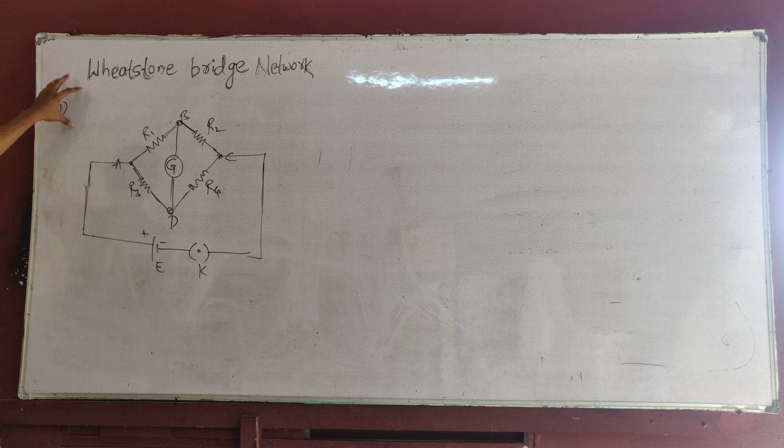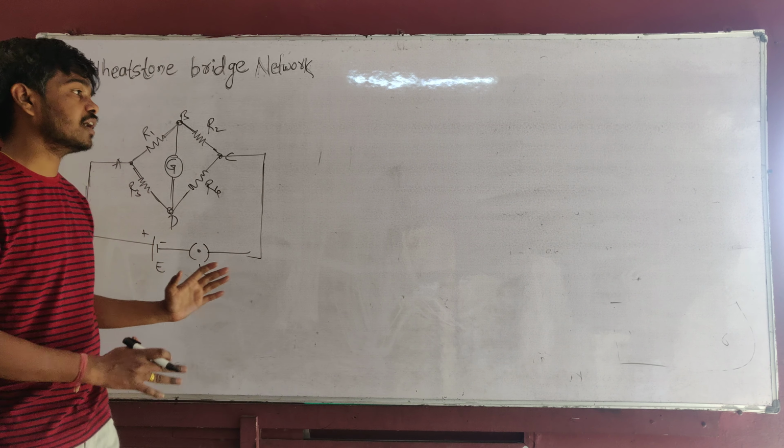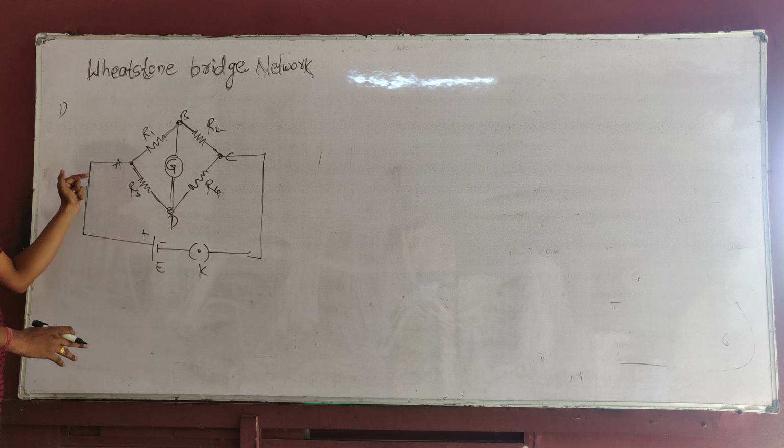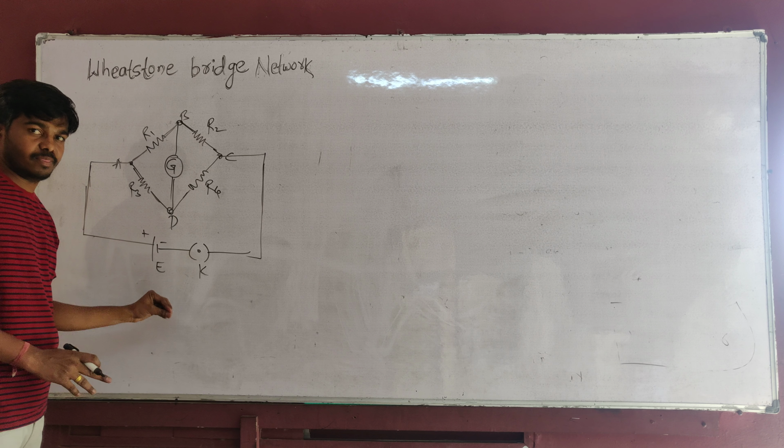So the first point, Whiston network or Whiston bridge network consists of four resistances R1, R2, R3 and R4. These are connected quadrilaterally between the points A, B, C, D as shown in the diagram.